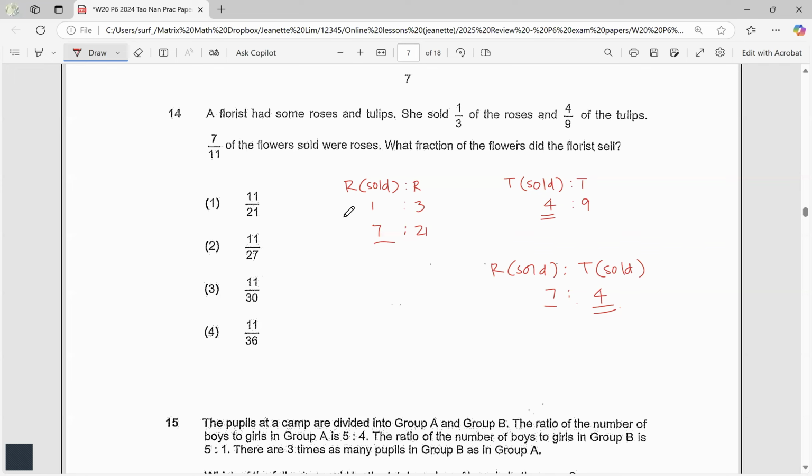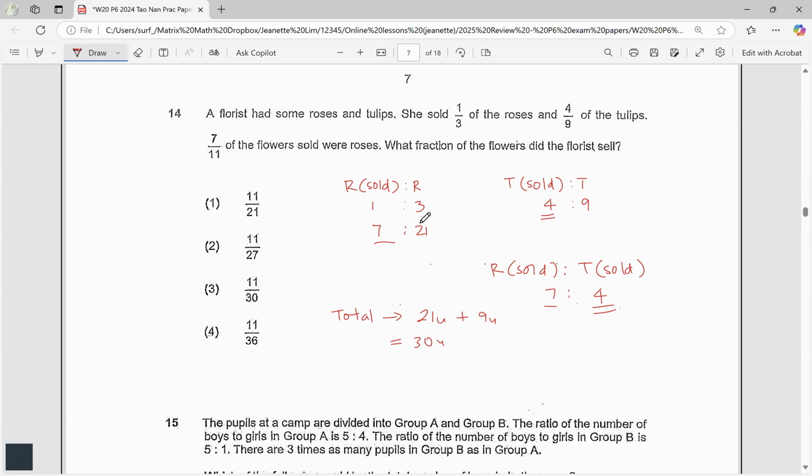So with this, I'll answer the question, what fraction of the flowers did the florist sell? The total number of flowers that the florist had at first would be 21 units plus 9 units, 30 units.